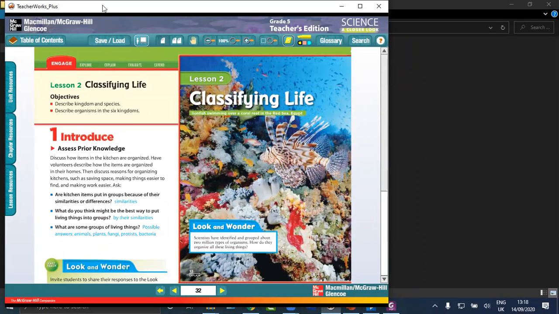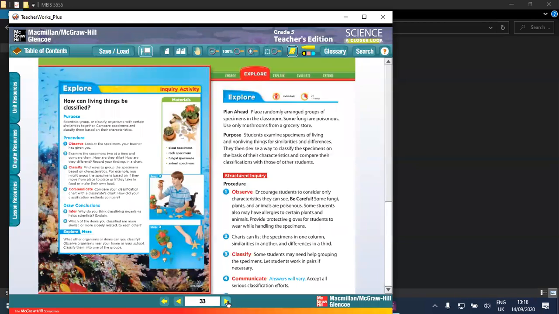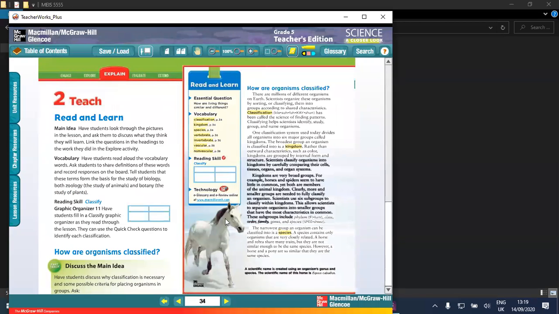Classifying life. Listen to classifying life, page 34.